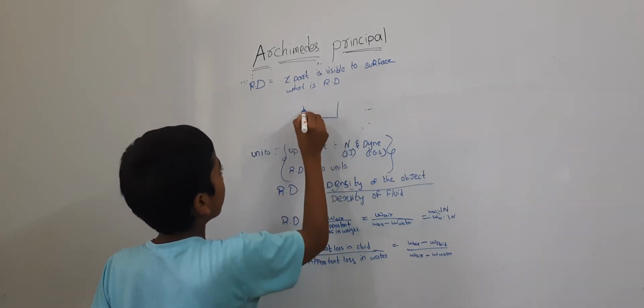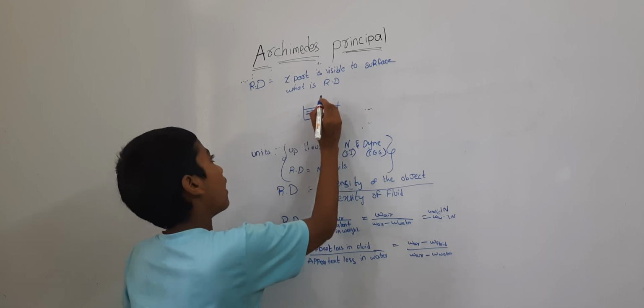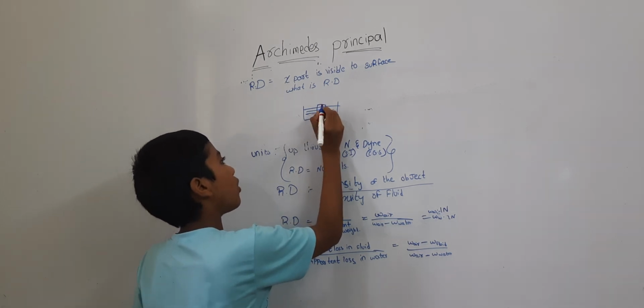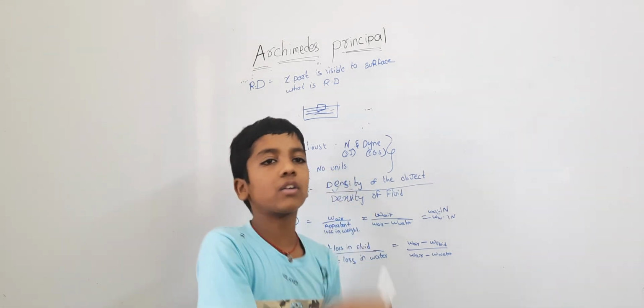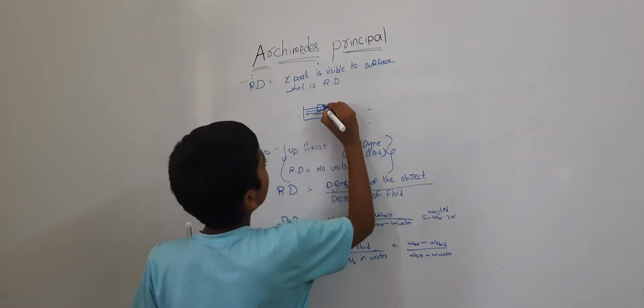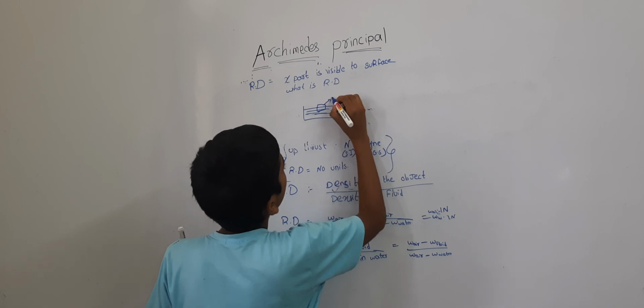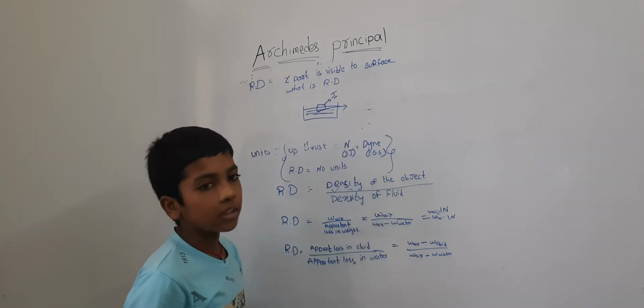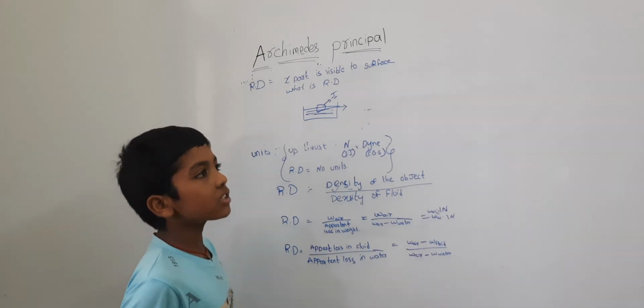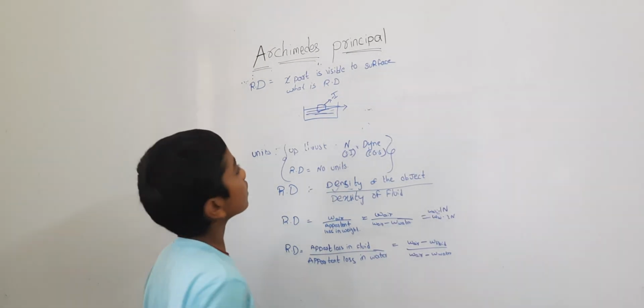Example, take a container and place a wood block or anything. Some of the part will float and some of the part will be immersed. If they give the visible part, they ask to find the immersed part. Nothing but that is the relative density.